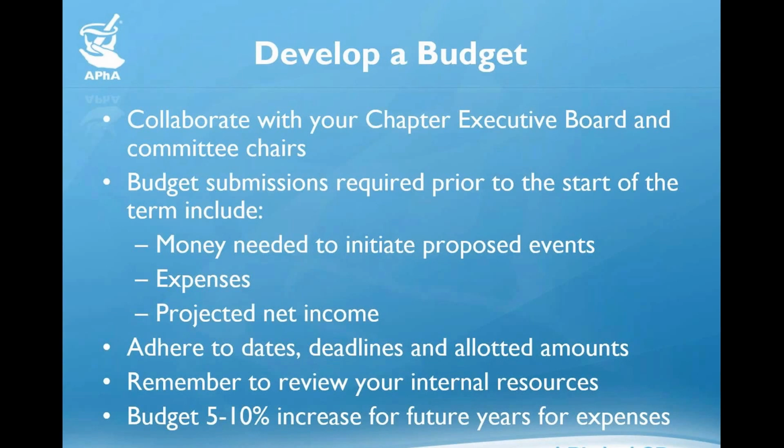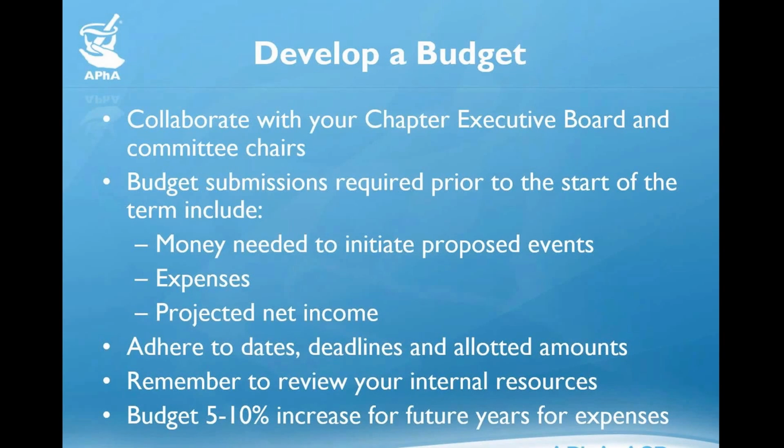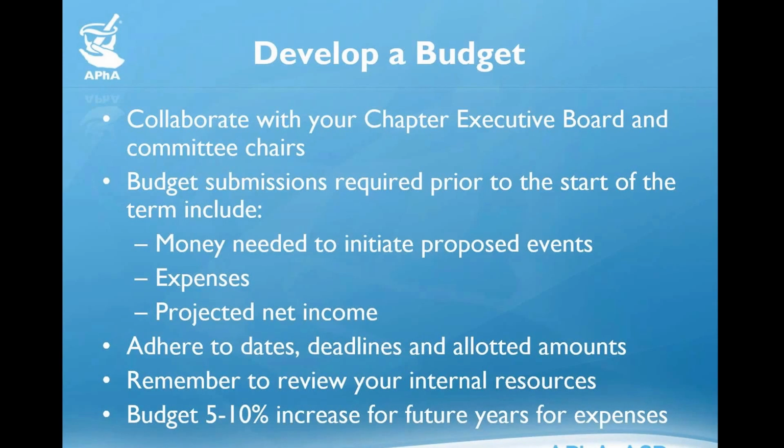So that is something that you should be coming into a situation where the budget is already set for the 2015-2016 year. However, you will be planning for the 2016-2017 year. So make sure you do collaborate with your chapter leadership and the committee chairs who are actually doing a lot of the work to determine what your budget should be for the next year.